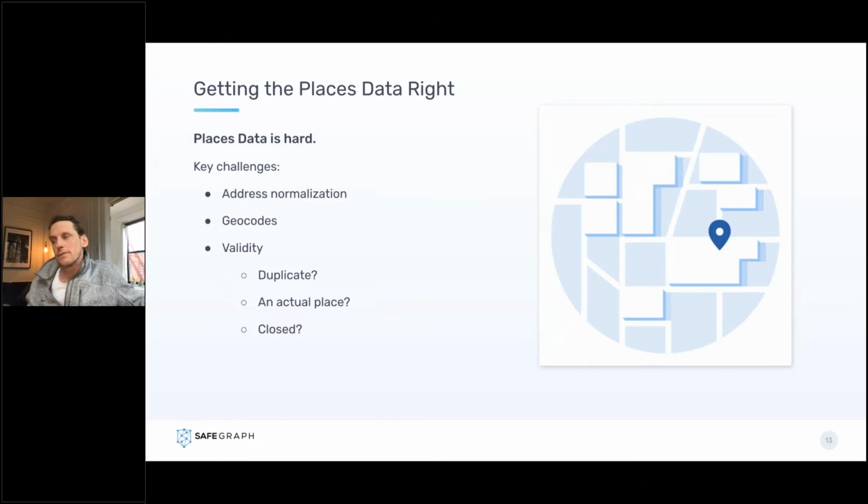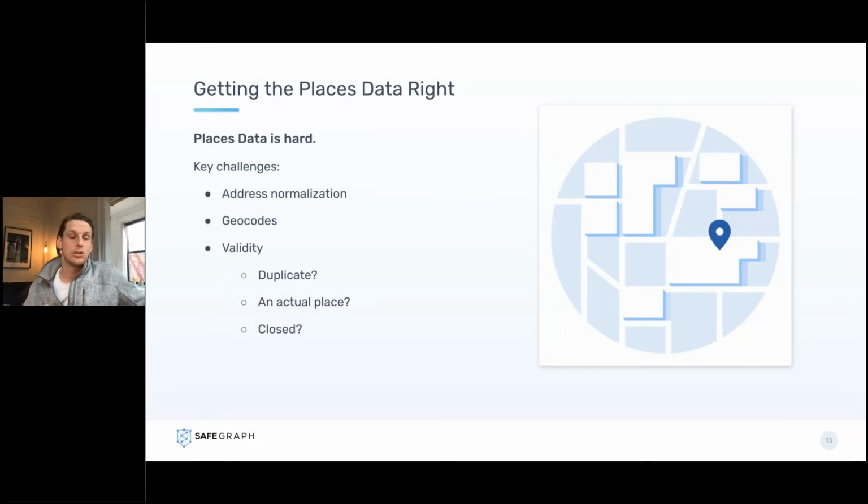It can also be difficult because you'll find folks not using the centroid of a building, but instead using the front entrance or some other entrance. And you can just imagine when you're dealing with a giant mall in New Jersey, how difficult it is to discern which point is the best point to use for the wide variety of clients and use cases that we serve.